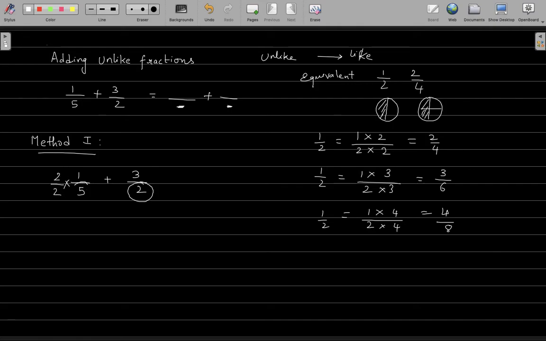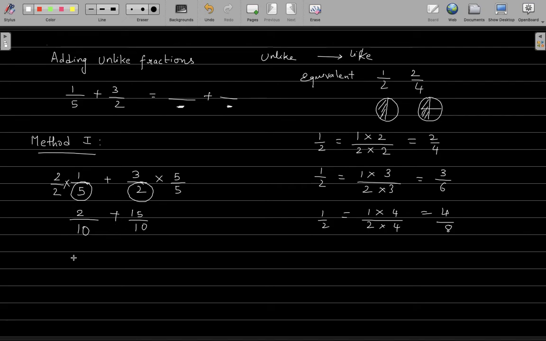And what is the denominator of the first fraction? 5. I will multiply the numerator and denominator of the second fraction by the denominator of the first fraction. So this will give me 2 times 1 is 2 by 2 times 5 is 10, and this will give me 3 times 5 is 15 by 2 times 5 is 10.